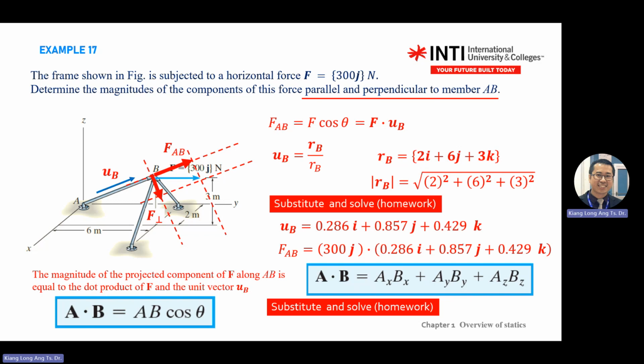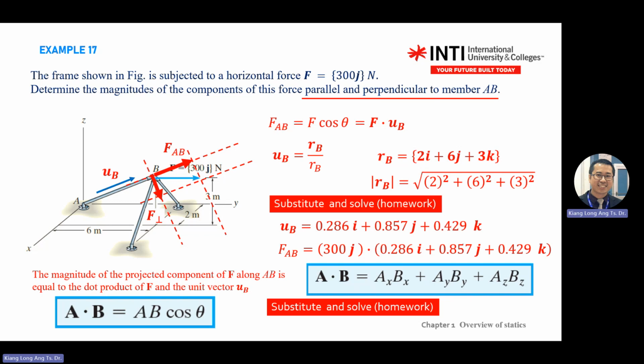So from here, this is F. Your F is 300J. What is your UB? It is this one, what you calculated just now. So A dot B equals what? A dot B equals AxBx plus so on. What is your A? A is this.